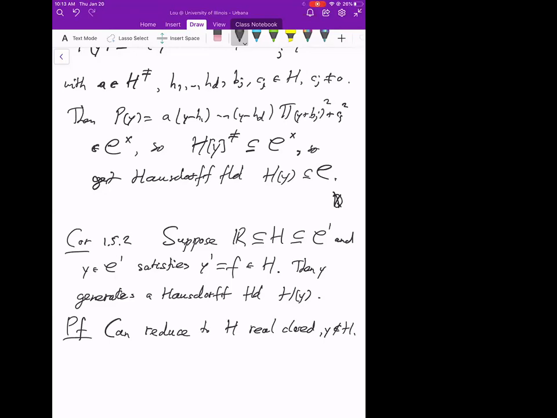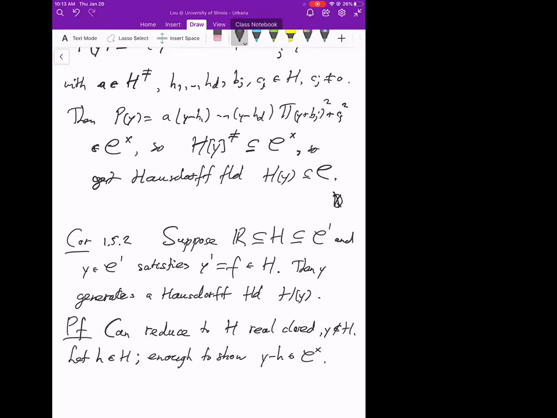So what I have to show now is that if I compare Y with an arbitrary element of H, it's enough to show, by the lemma, that the difference is a unit in the ambient ring. In other words, Y is eventually bigger than H or eventually less than H.